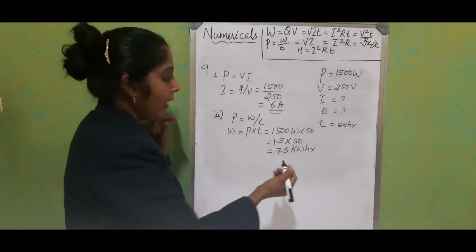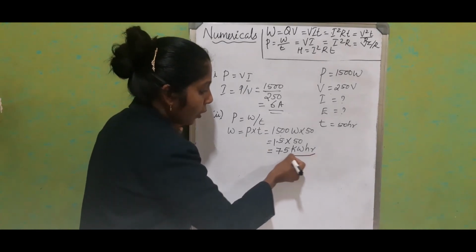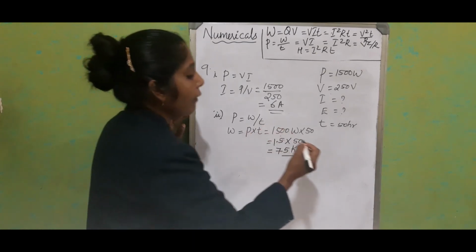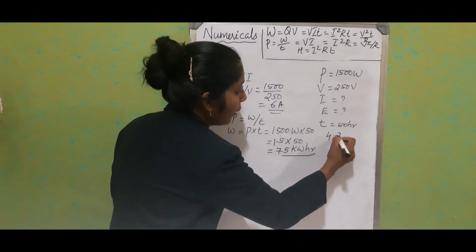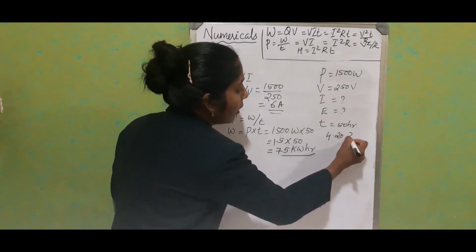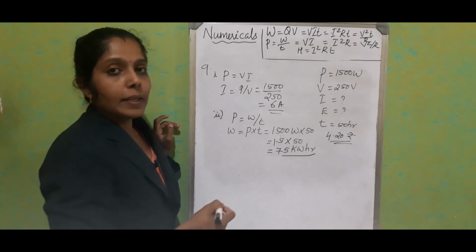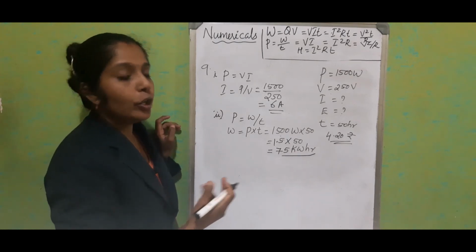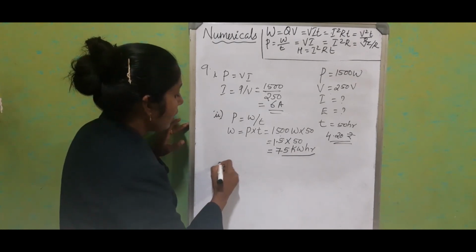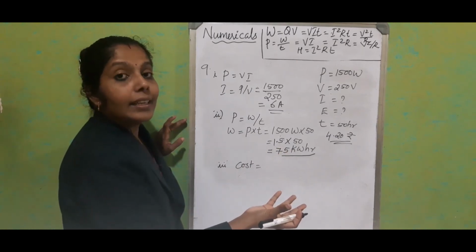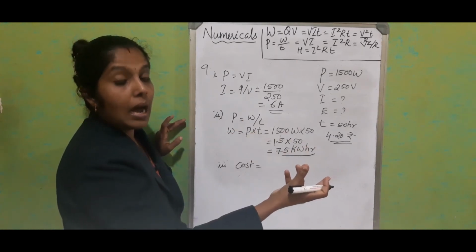We know that 1 kilowatt hour is 1 unit. If you have to pay 4.20 rupees for 1 unit, how much do we need to pay for consuming this many units? In our third section, the cost is equal to energy consumed into amount.